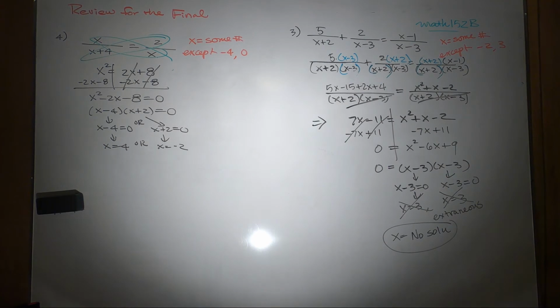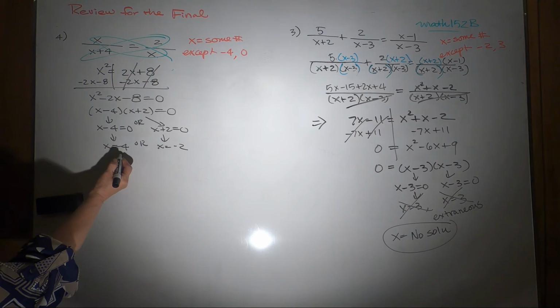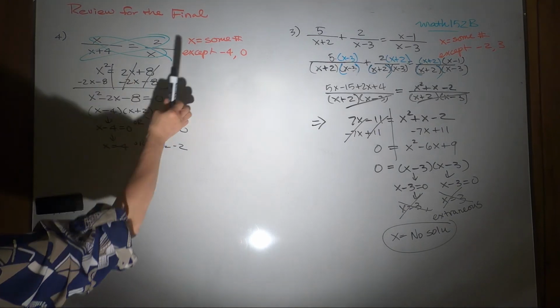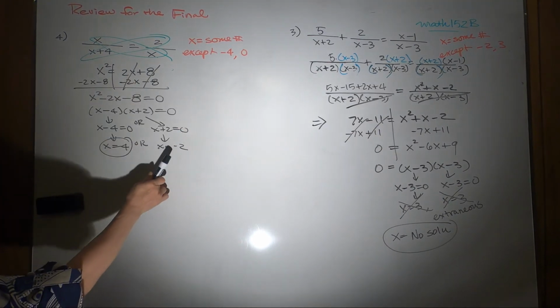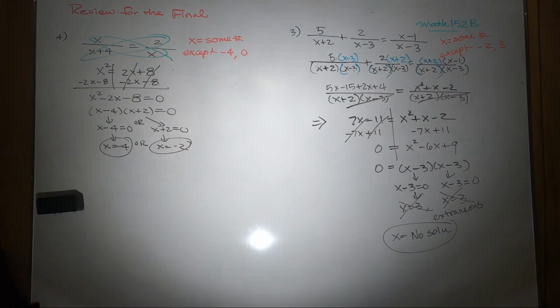right? Because they are fractions, we need to check. Can we use x equals 4 against your restrictions? Yes. Can we use -2? Yes. So that would be your answers. Okay? So we just reviewed what?